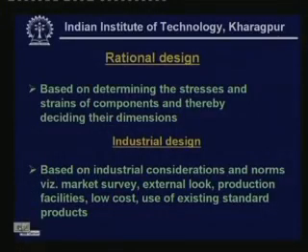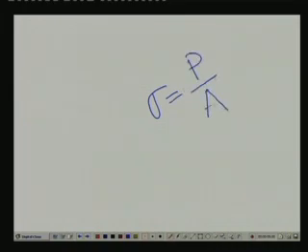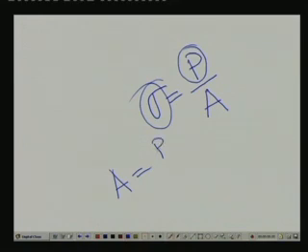So, sigma equals P divided by area. What you understand is that if you know the load, and you know the design strength or the material properties, then area comes out to be P divided by sigma.